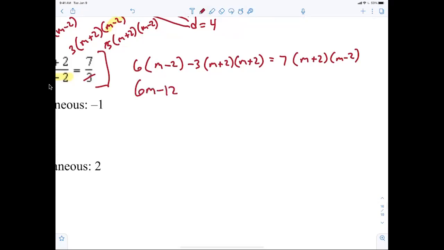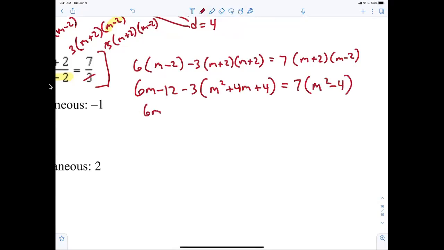6m minus 12. Now minus 3 times m squared plus 4m plus 4 equals 7 times m squared minus 4. 6m, sorry about that, 6m minus 12. Distribute the negative 3: negative 3m squared minus 12m minus 12.